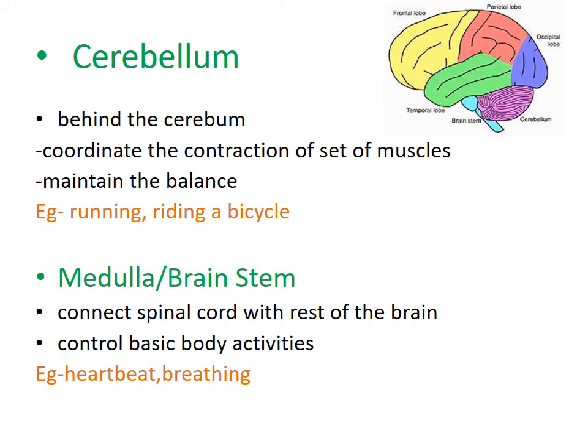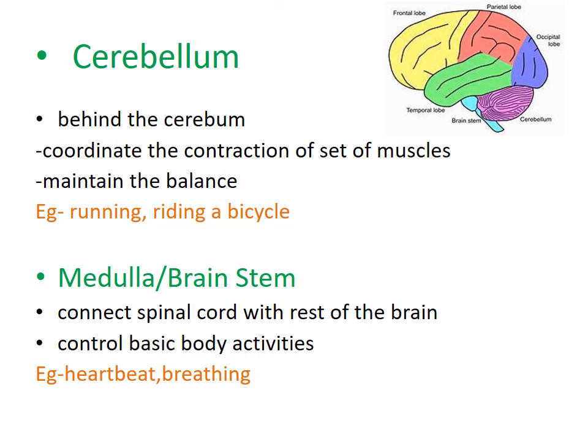Then we'll move to the next part of the brain, which is called the cerebellum. Normally the cerebellum is located behind the cerebrum. This region is concerned with coordinating the contraction of sets of muscles, and also it maintains balance. An example of maintaining balance, which is coordinated by the cerebellum, is running or riding a bicycle.